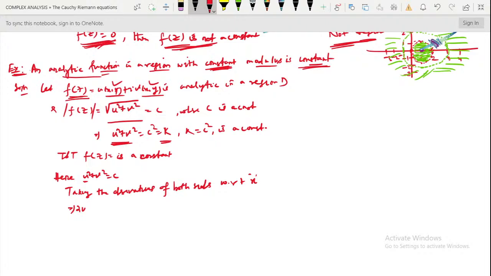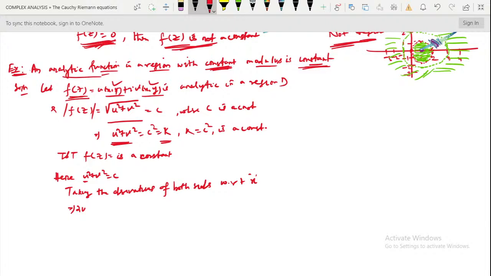And this, u squared plus v squared, is a constant, so this is not 0. So here ux must be 0. Just as we removed uy, similarly you can also remove ux, and then you will get uy is 0.